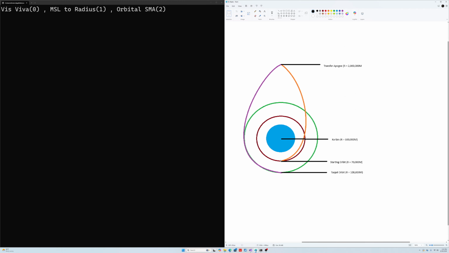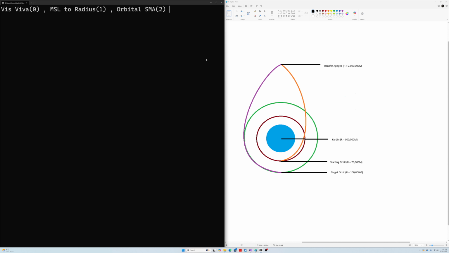So what we do is we compare the speed that we're traveling to the speed that we need to be going in order to be in the next stage of our orbital transfer. So, for example, at our starting orbit of 70 kilometers, we must first transfer this from kilometers to radial or semi-major axis.